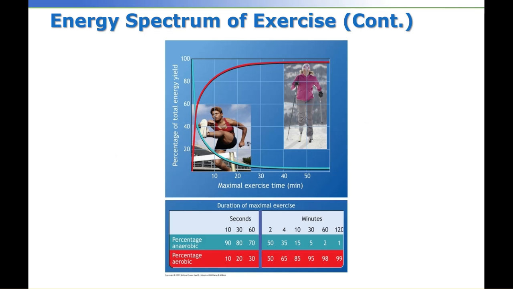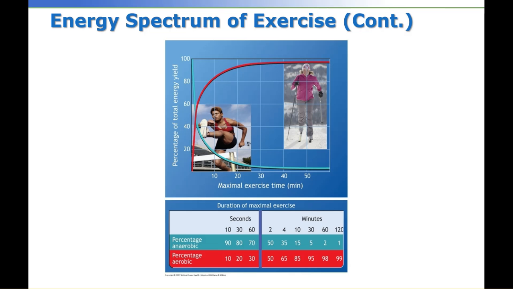This just talks about the switch. Obviously in the beginning, you have the red, the percentage aerobic. It's being utilized a whole lot within the first so many seconds. And then the percent anaerobic, the blue line, is used a whole lot in the first so many seconds.